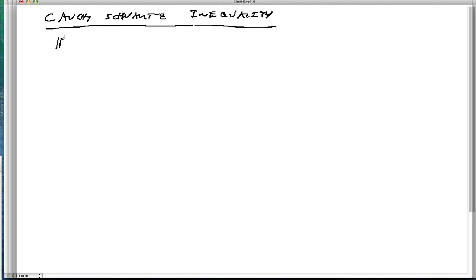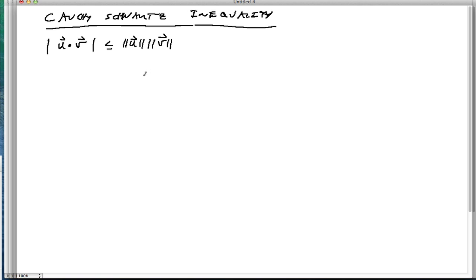It says that the absolute value of the dot product of u and v, remember this spits out a real number, is going to be less than or equal to the magnitude of u times the magnitude of v.